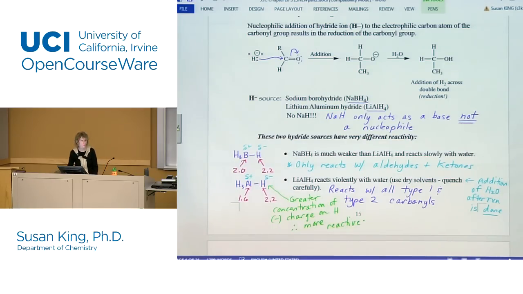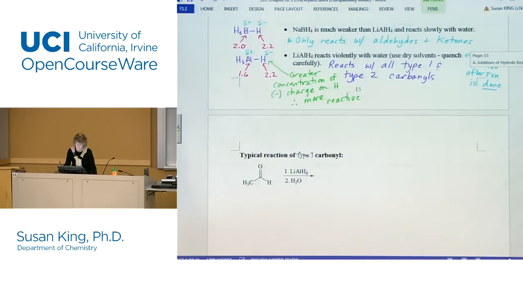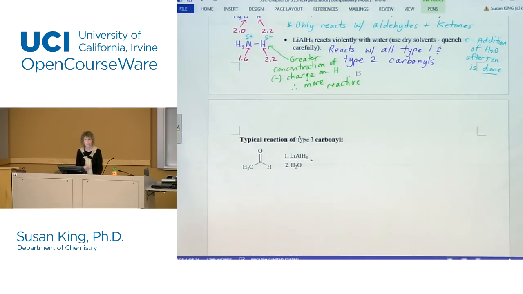And what we're going to see when we start talking about the organometallic reagents is we can make the same predictions that we did here just based on electronegativities. All right, so here's a typical reaction with type 1 carbonyls. Good news, you're familiar with lithium aluminum hydride from 51B. That's one less reagent you have to memorize, so hopefully it's already in your head.